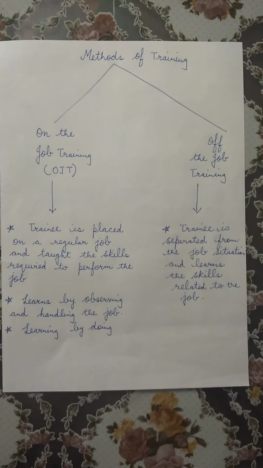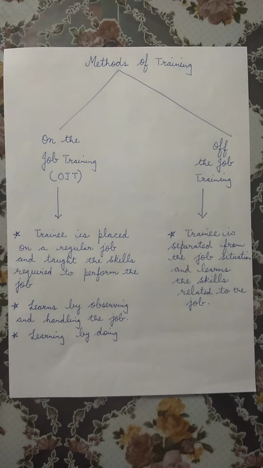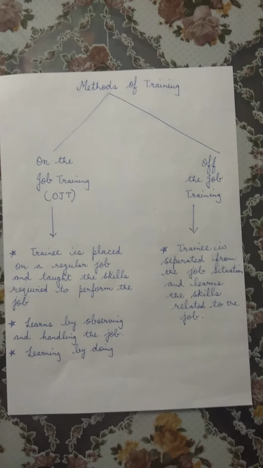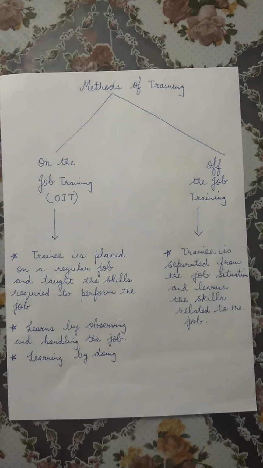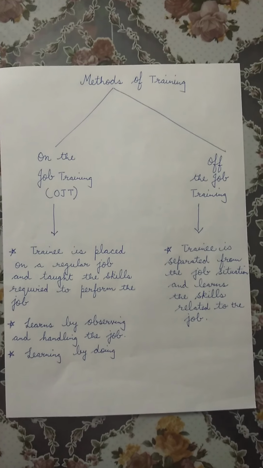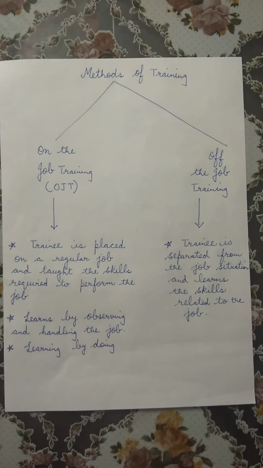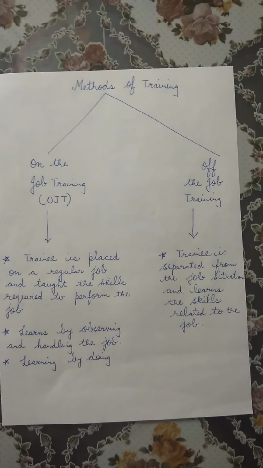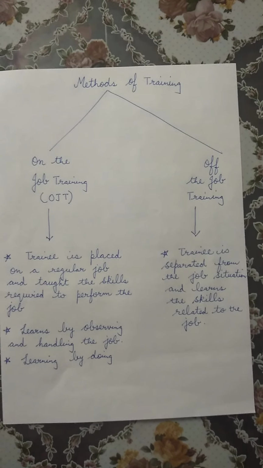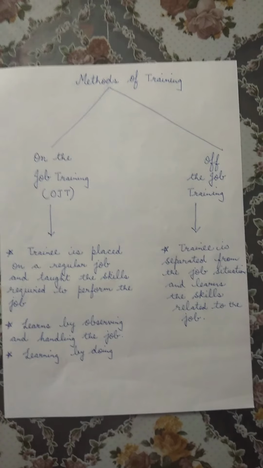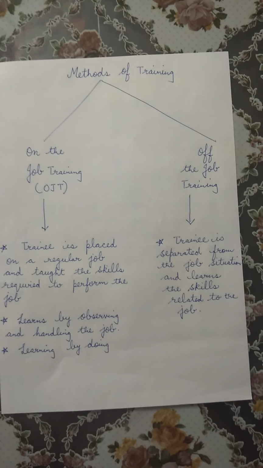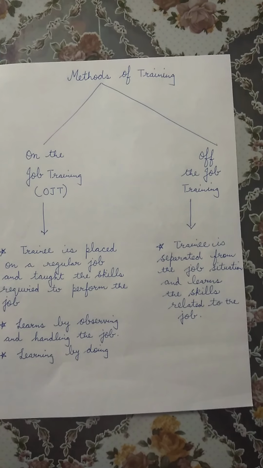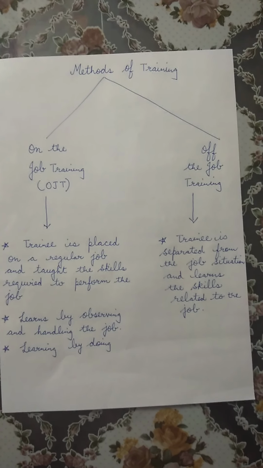Now, there are some advantages of this type of training, that is OJT. This type of training is very convenient and inexpensive. Why it is convenient? Because the trainee and the trainer need not leave the workplace. They can work at the same place where in future the trainee is to perform the job. So it is very convenient.